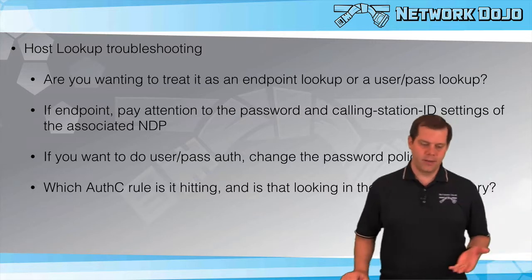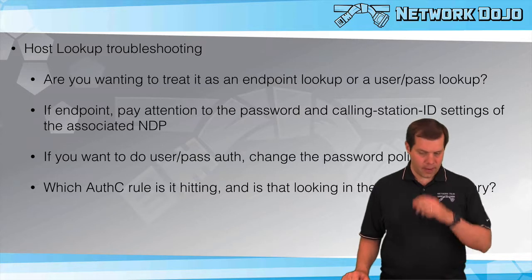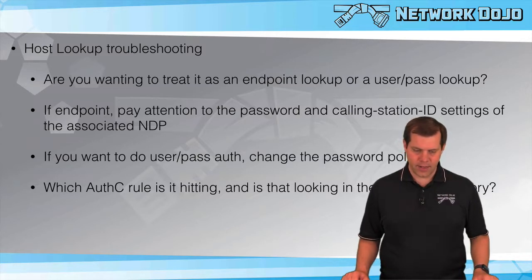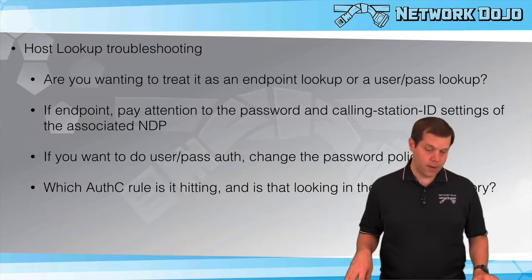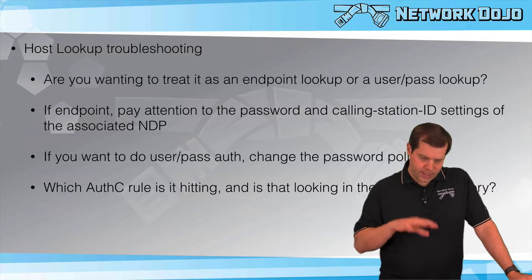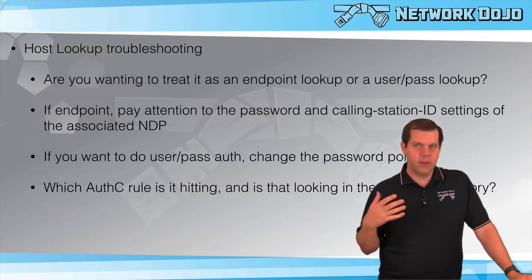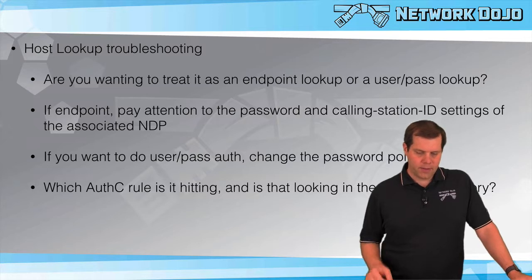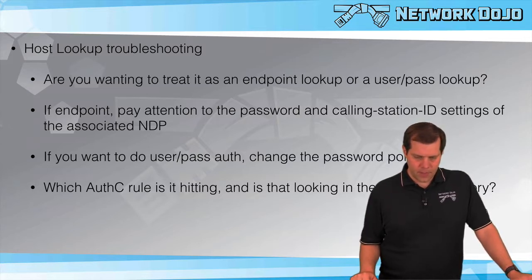So if you want to treat it as an endpoint-based authentication, pay attention to things like the password and the calling station ID settings of the associated network device profile. What am I talking about here? Different types of devices, or different types of authentications on the same type of device, even though they're MAC-based lookups, can sometimes be formatted a little bit differently in the RADIUS request.